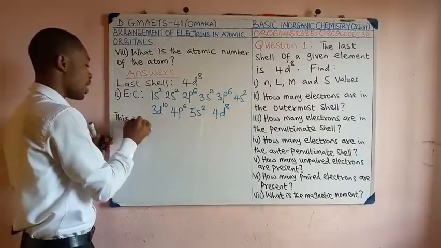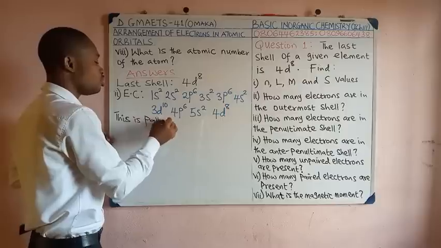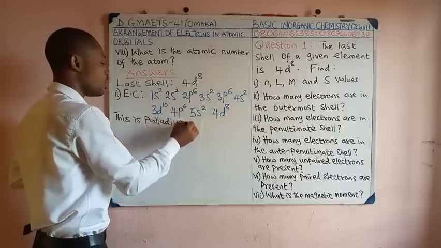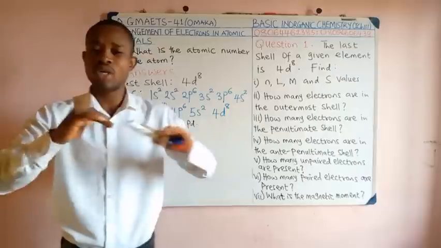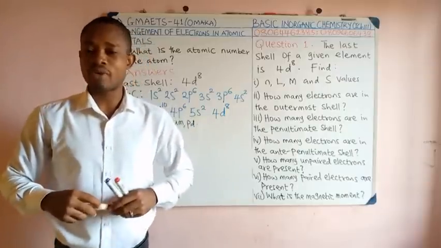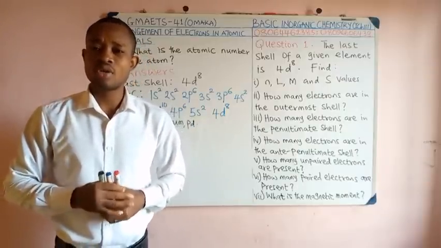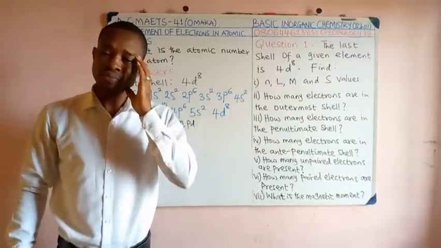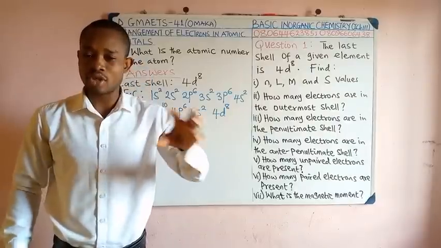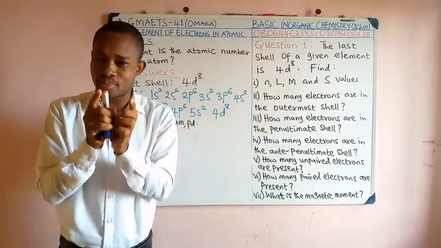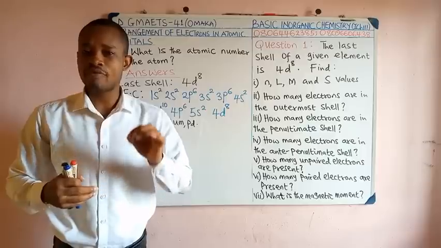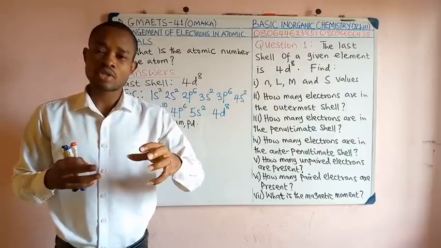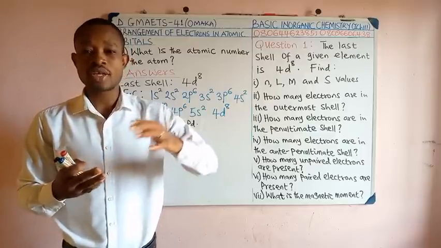Okay. Now there is something unusual about palladium I need you to know, but I will not go too deep into it because at this level the concept might not be quite very clear. But I'm going to quickly use the idea of Bohr and Madelung to bring the analysis a bit clear. Remember, according to Bohr, electrons are filled into the orbitals of lower energy, and then you start increasing them.